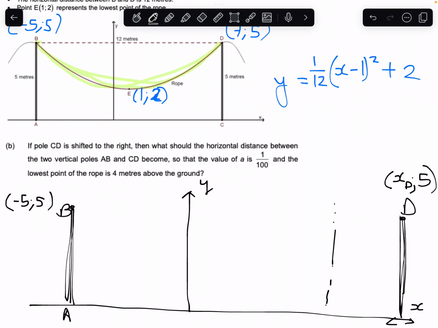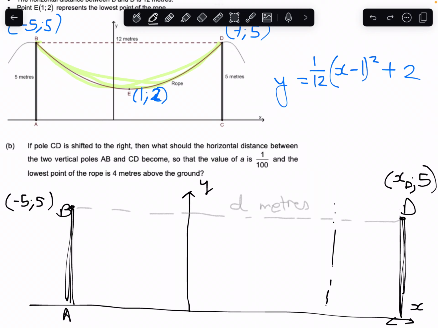And we don't know what the new distance between them would have to be, so this is an unknown distance. Let's call it D meters. And the parabola, the A is going to be smaller than the original one, which means that it's going to be flatter than the original parabola.